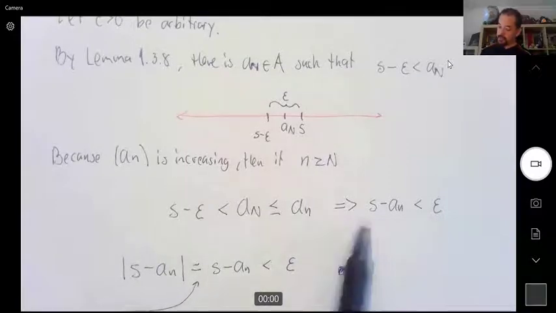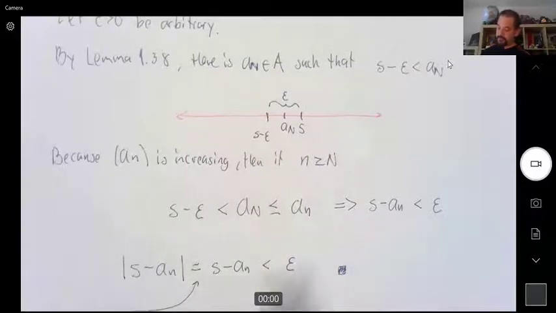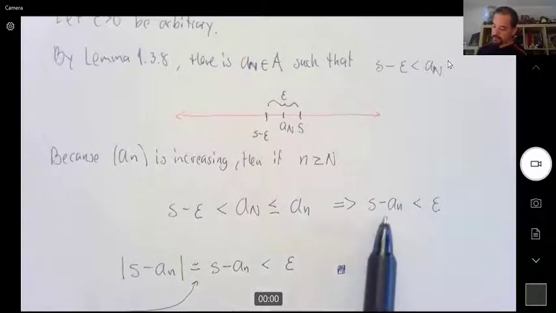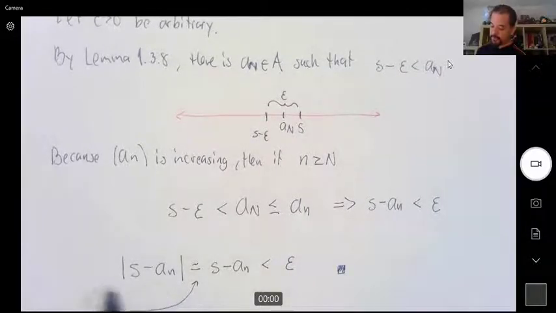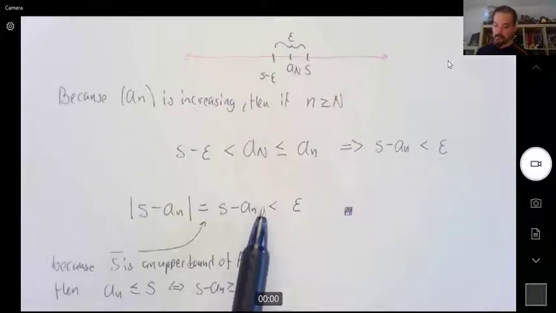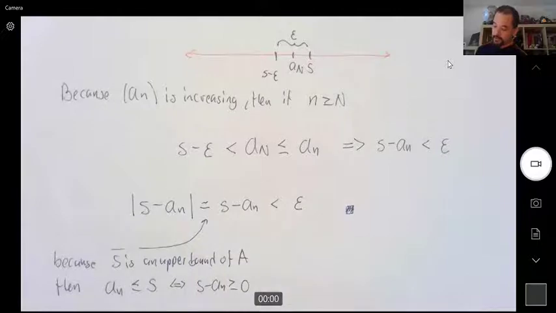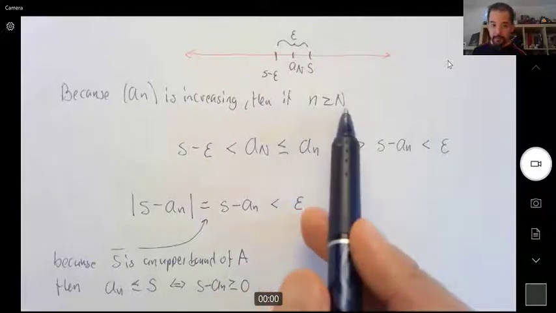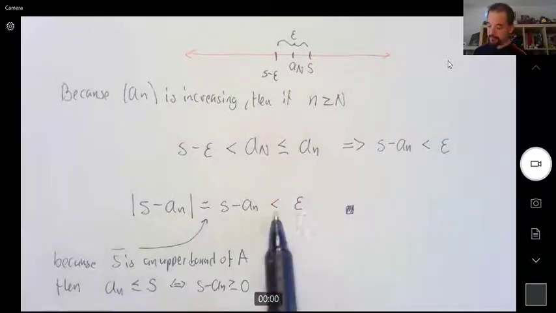And S minus a_n is a positive number because S is an upper bound of a_n, so this is the same as the absolute value of S minus a_n. So I just showed that for little n bigger than capital N, this distance is less than epsilon.